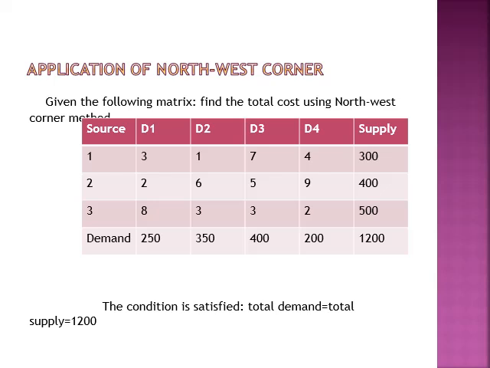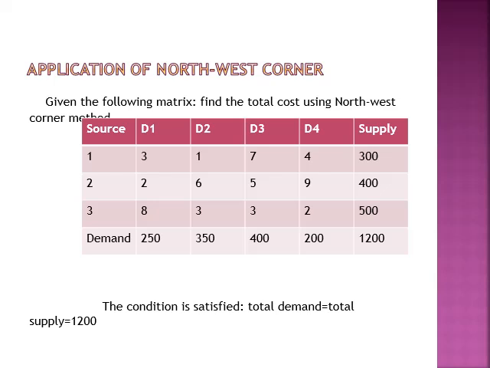So we are going to state 300 here near the cost 6, and we will cancel the demand of D2. But still source number 2 has 100 remaining, 400 minus 300. Then we will cancel D2 and we will move to D3.